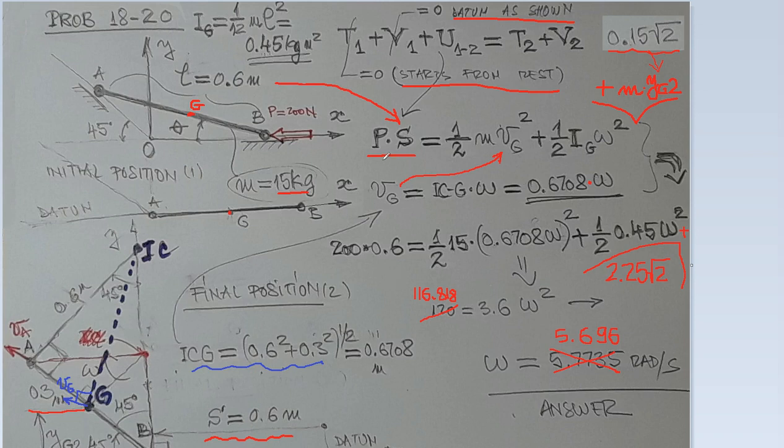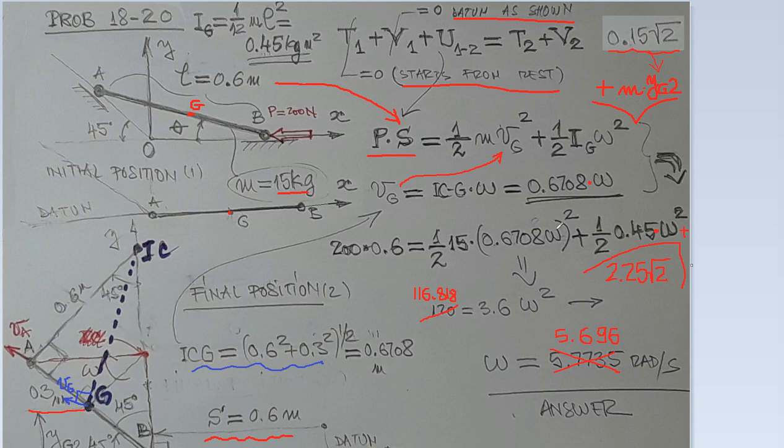Okay, so I'm putting numbers now. 200, the force, times the displacement 0.6 equals 1/2 mass 15 kilograms, and then velocity of G is 0.6708 times omega, squared, and then plus the rotational kinetic energy about the center of mass, the centroid, 1/2 mass moment of inertia of the rod about the center. We have it. Calculate 0.45 kilogram meter squared times omega squared.